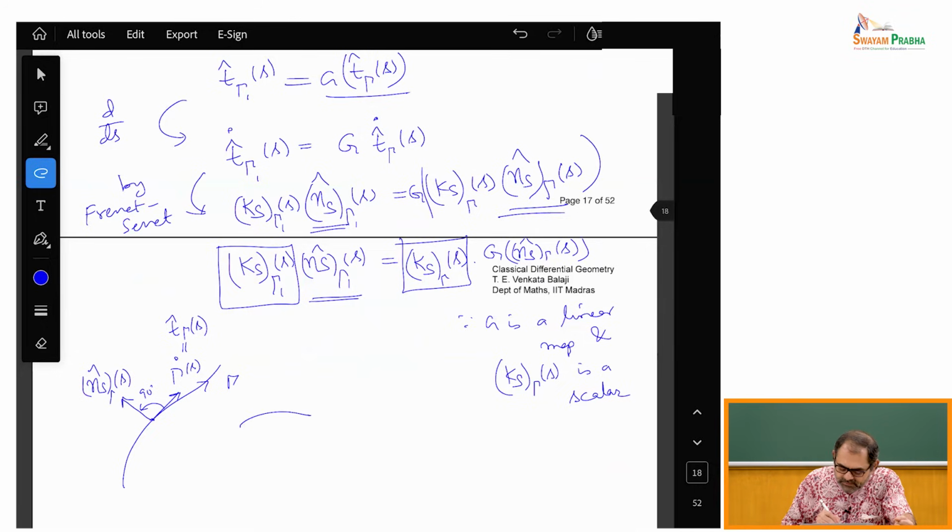Now what you do is you are applying this rigid motion M, okay. When you apply this rigid motion M, the way you apply it is, you can think of it as a translation followed by a rotation, or a rotation followed by a translation, whichever way you want it.